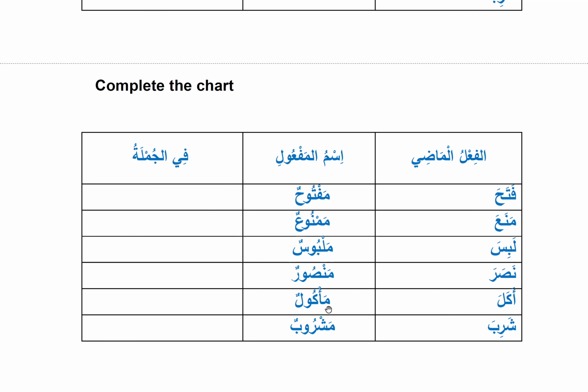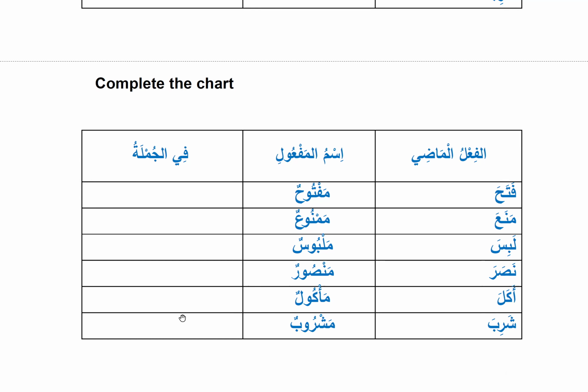And so for ma'kul, we can say a sentence like at-ta'amu ma'kulun, the food is eaten. Shariba means he drank, and mashroob is something that is drunk. So we can say al-halibu mashrubun, the milk is drunk, someone has drunk it.